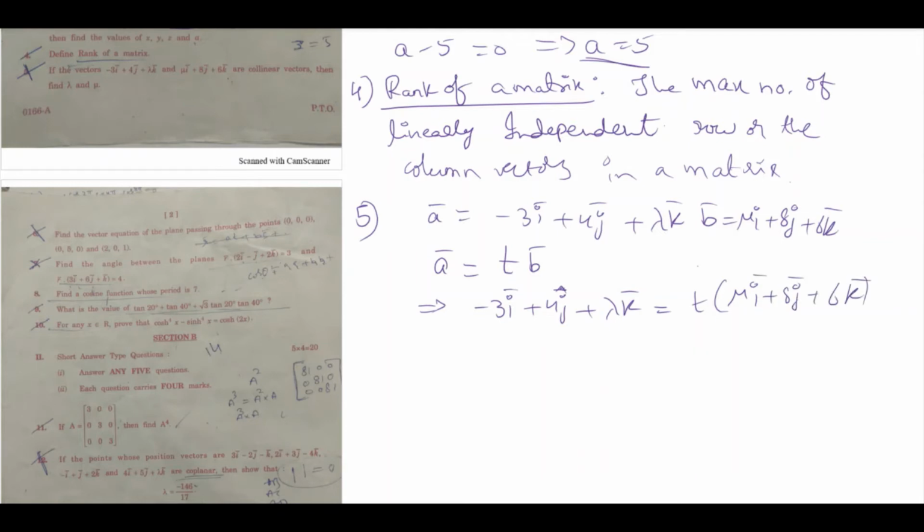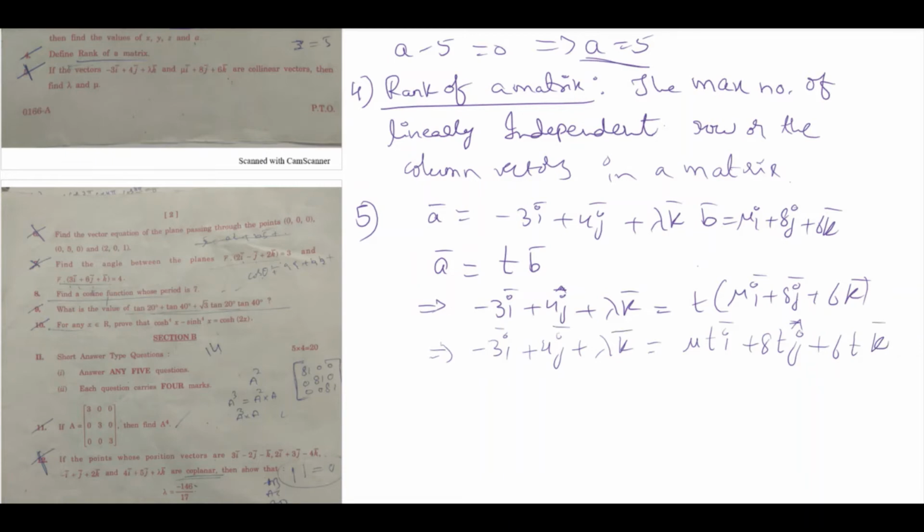So this is the condition we get. That implies minus 3i plus 4j plus lambda into k equals mu t into i bar plus 8t into j bar plus 6t into k bar.